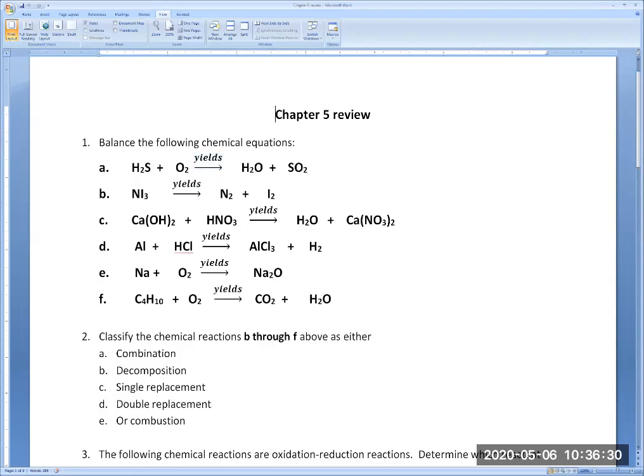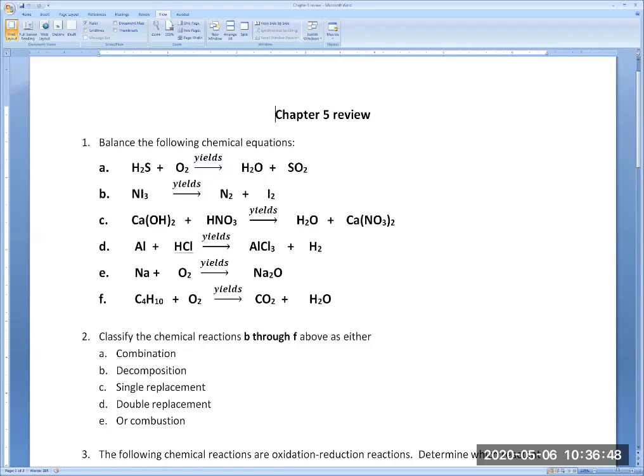Reactants are on the left side of the arrow. The arrow symbolizes the change, and then to the right side you have the product. So a skeletal equation shows the formulas of reactant and product, but it's not balanced.